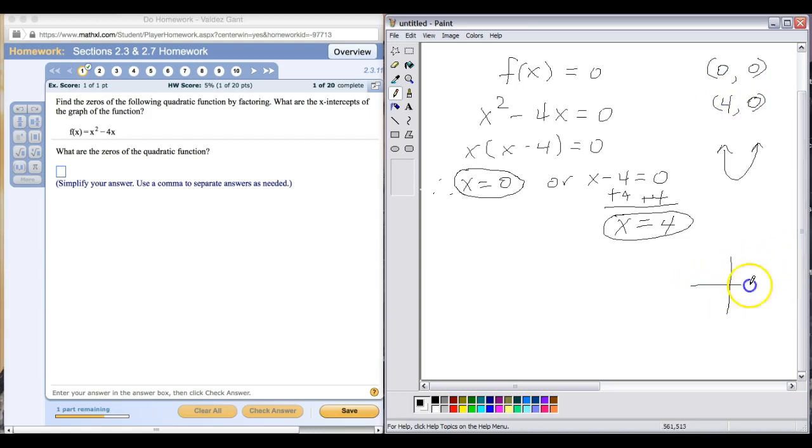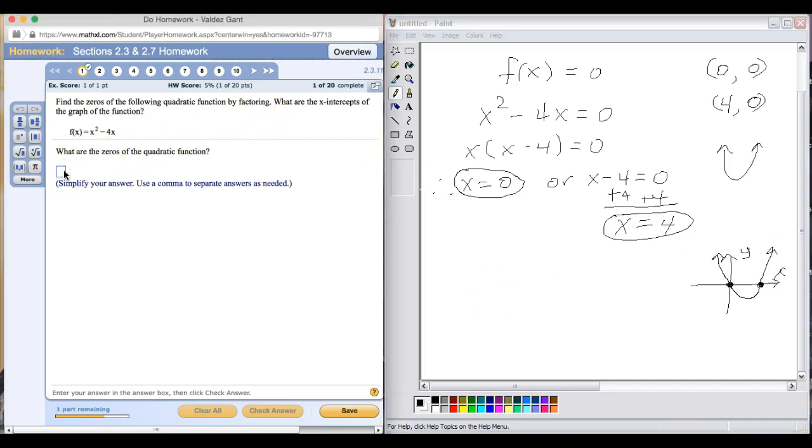If we were graphing that, it would look something like this. That would be at x equals 0, that would be at x equals 4, and the parabola will look something like that. So in answering this particular question, we would just type in 0 and then 4.